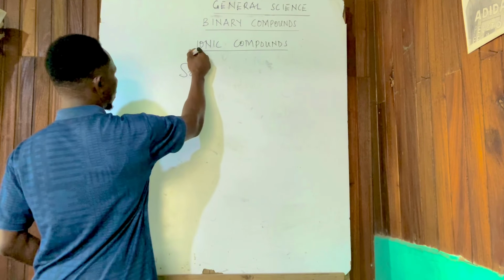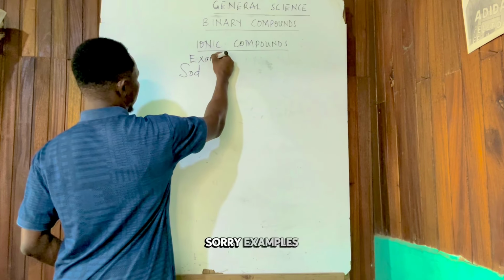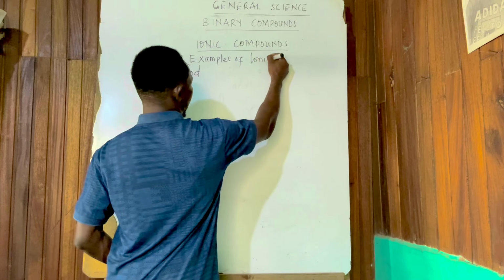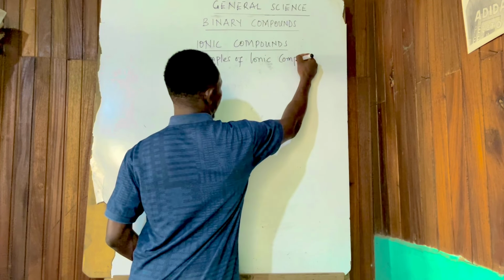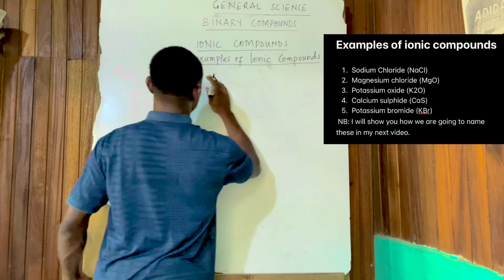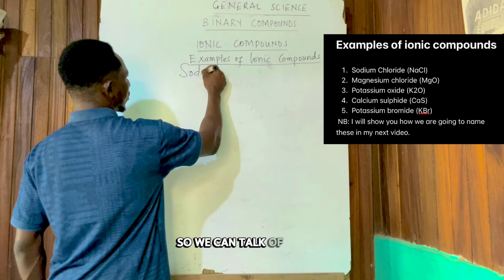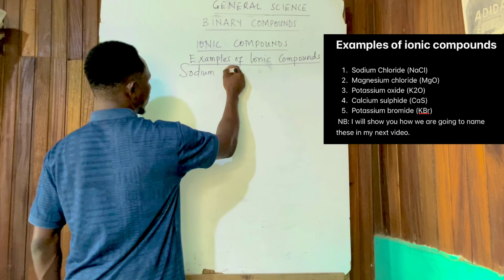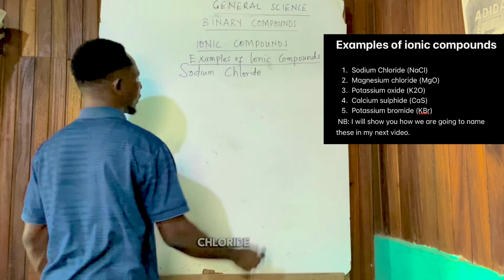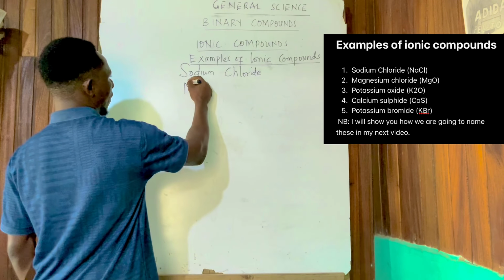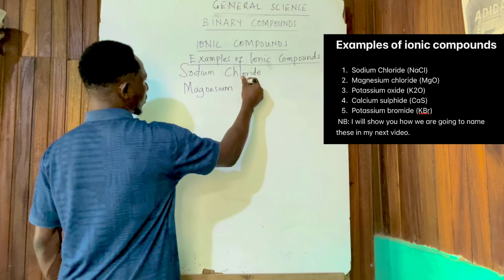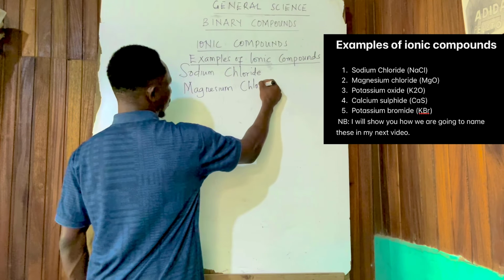Examples of ionic compounds: sodium chloride, magnesium chloride.